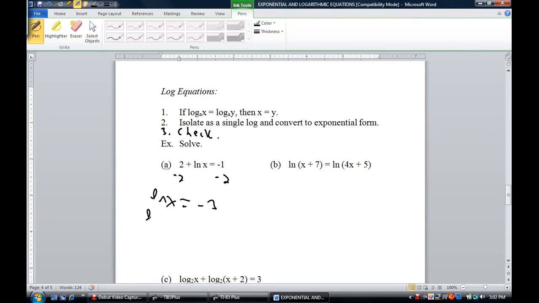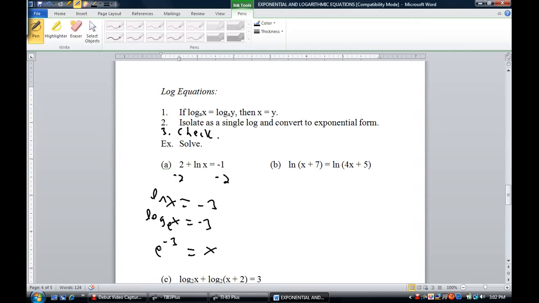And now natural log of x is the same as log base e of x equals negative 3, which means we can convert that to exponential form by starting with the base, which is e, raise that to the negative 3 power, and that equals x. Remember the definition. Logs equal exponents. Since negative 3 equals the log, that's our exponent on the base e.